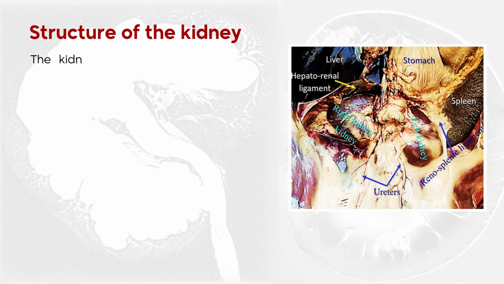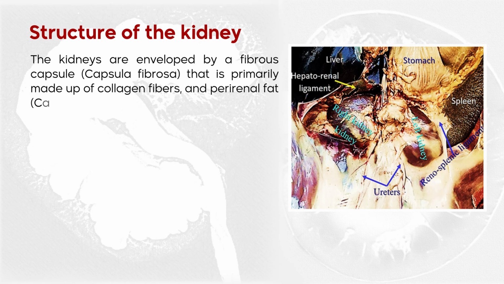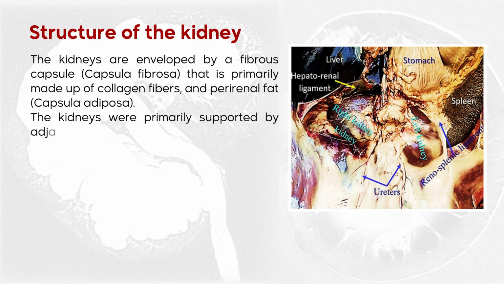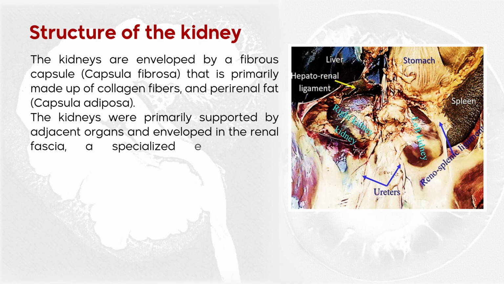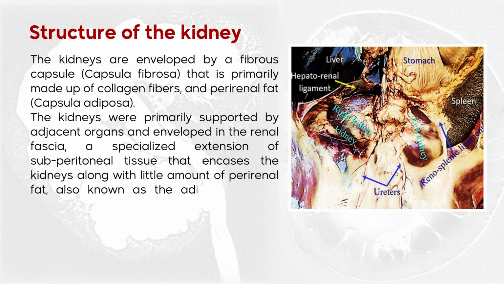Structure of the kidney. The kidneys are enveloped by a fibrous capsule, capsula fibrosa, that is primarily made up of collagen fibers, and perirenal fat, capsula adiposa. The kidneys were primarily supported by adjacent organs and enveloped in the renal fascia, a specialized extension of subperitoneal tissue that encases the kidneys along with a small amount of perirenal fat, also known as the adipose capsule, capsula adiposa.